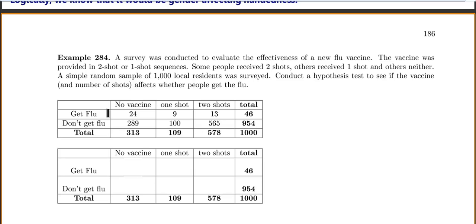So we have 2 tables. The one with the numbers already in it, that would have to be our observed. And then I've given you this other column to put your expected, or the other table. The first step with this test is to find your expected frequencies.